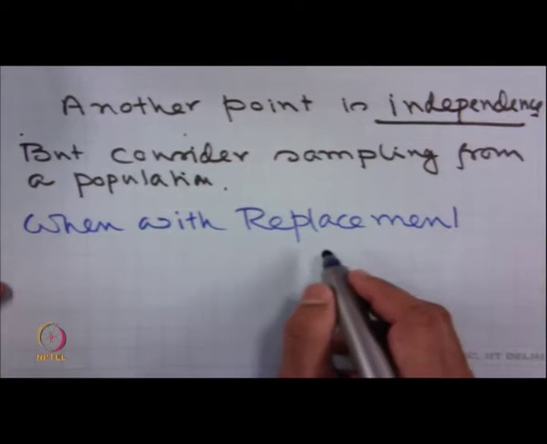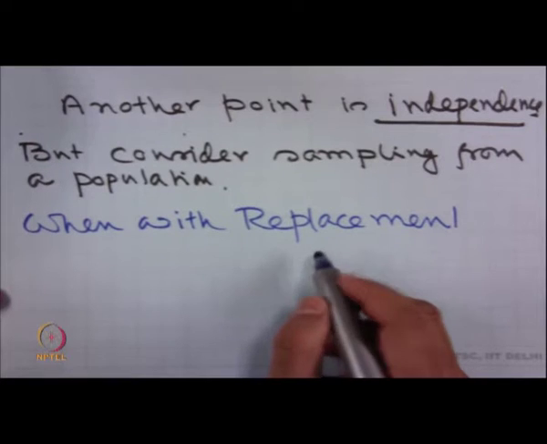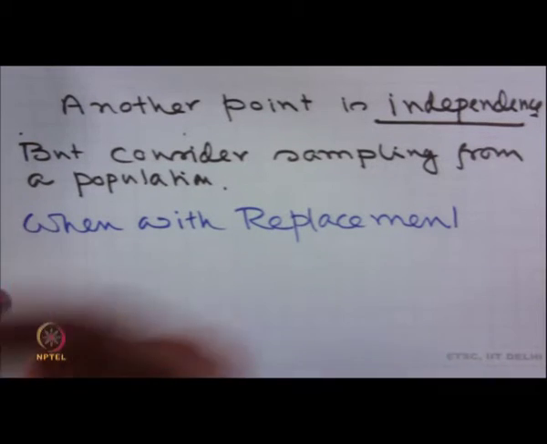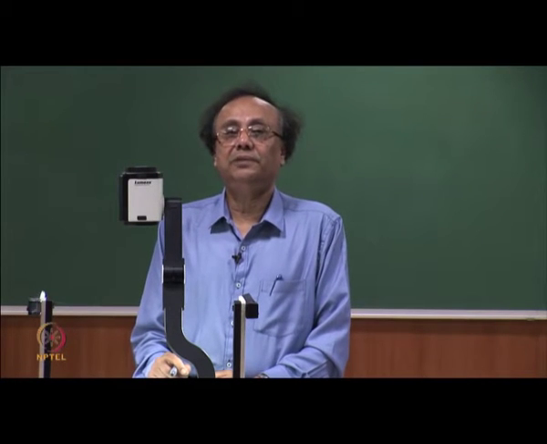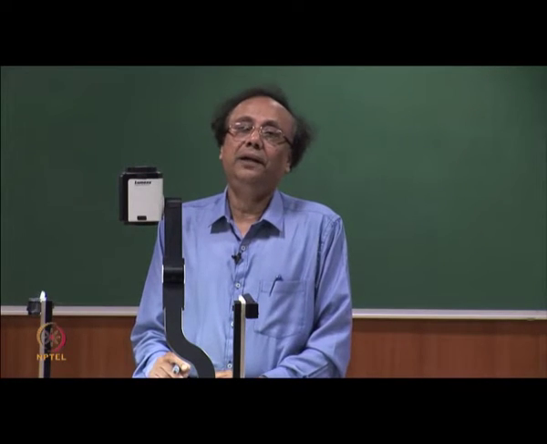If the sampling is with replacement, then effectively each of the selection of items are independent.